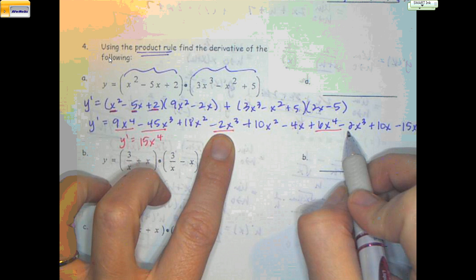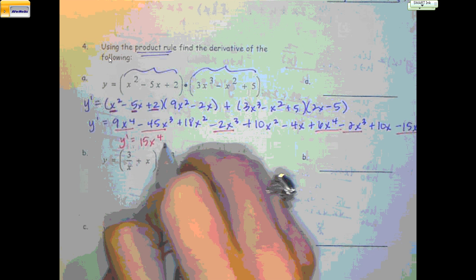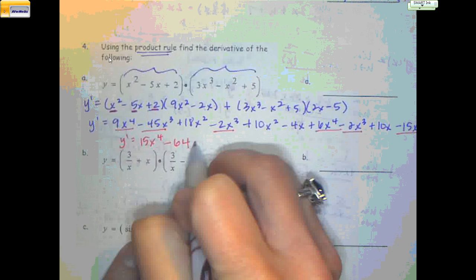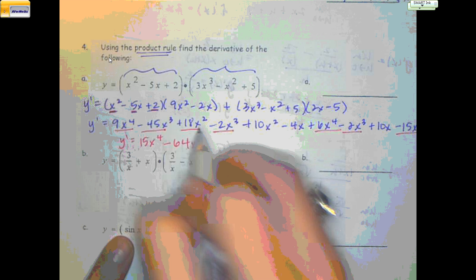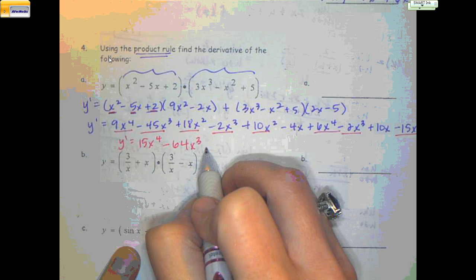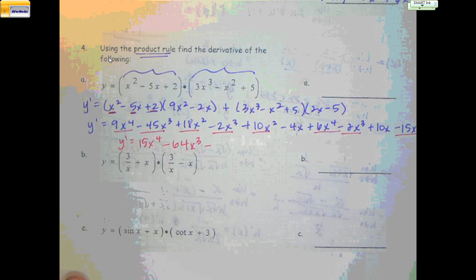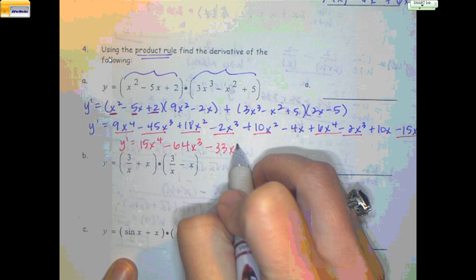Minus 2 more is negative 49x cubed. Minus 15 more is negative 64x cubed. Is that right? Now I have 18x squared, and 10x squared is 28x squared. And 5 more, 28 plus 5 is 33x squared.